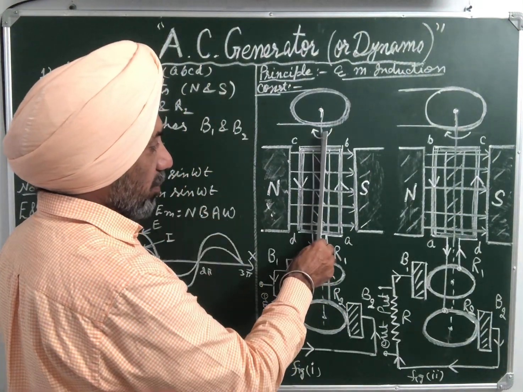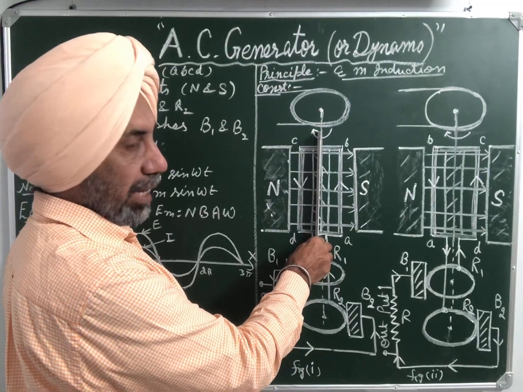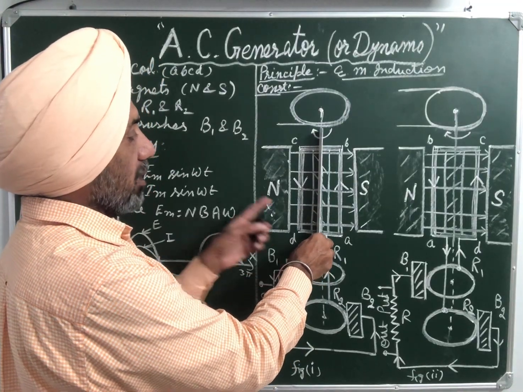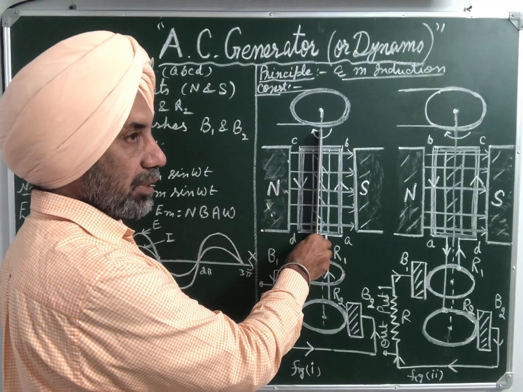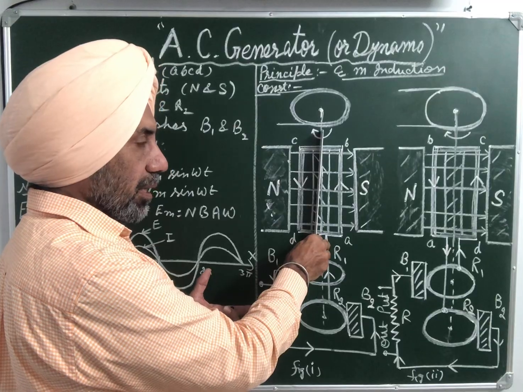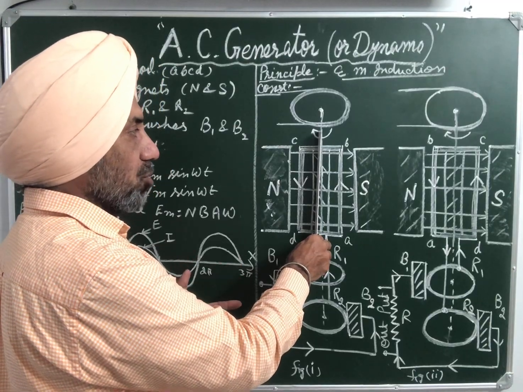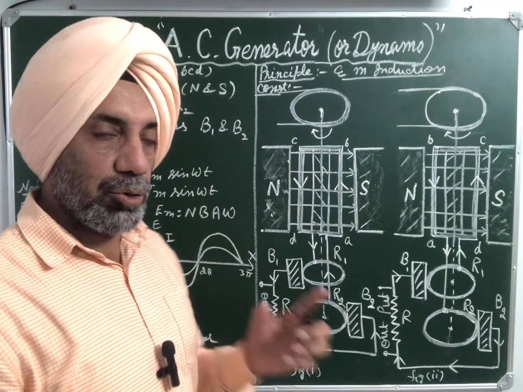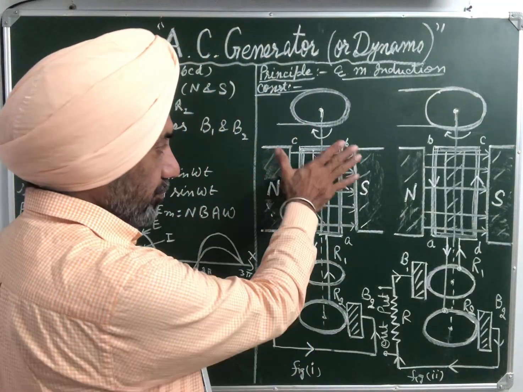When it is perpendicular to the plane of the board, like this, all the magnetic lines of force are crossing the coil. Magnetic lines of force cut are minimum. Therefore, induced EMF produced is minimum. So remember two things in this diagram.